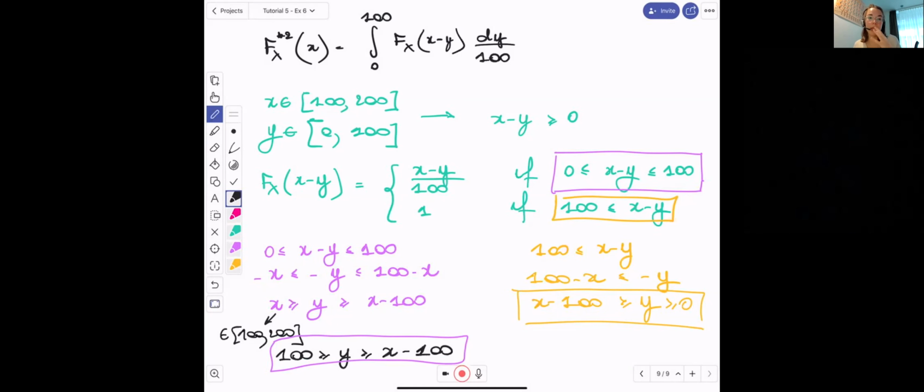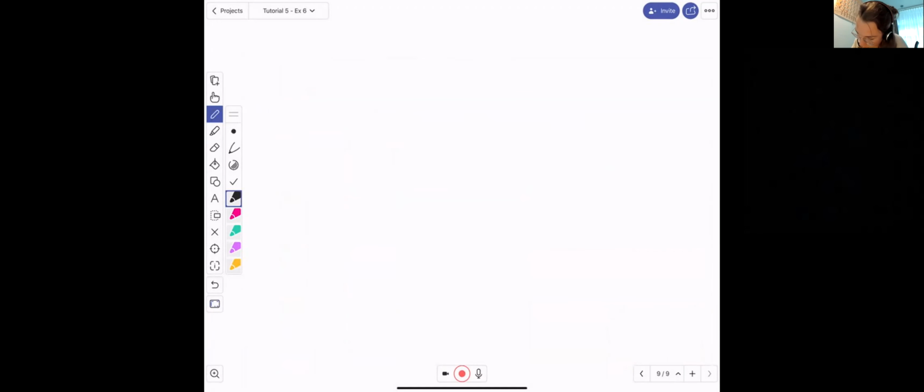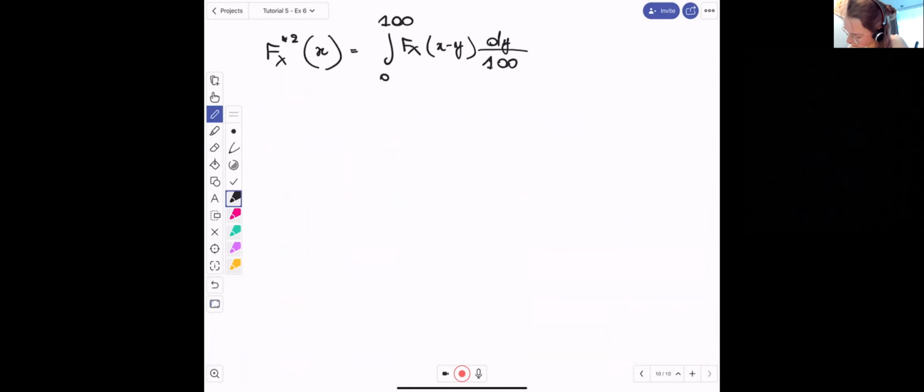So we're going to split up the integral again. We have a twofold convolution, this integral from 0 to 100 of our cumulative distribution function, like this. We split it up again with the conditions that we just found. So we have the case from 0 to x minus 100, and in that case, our cumulative distribution function evaluated in x minus y was equal to 1.